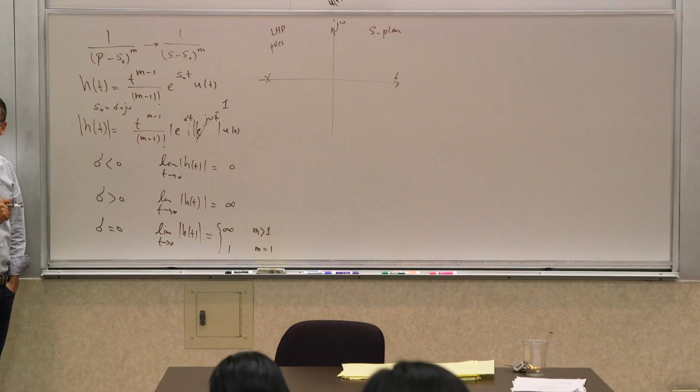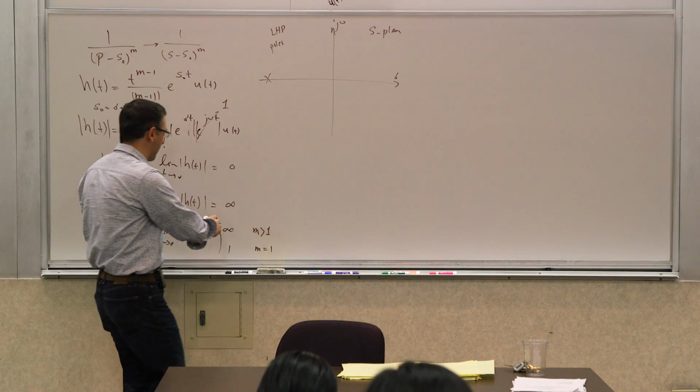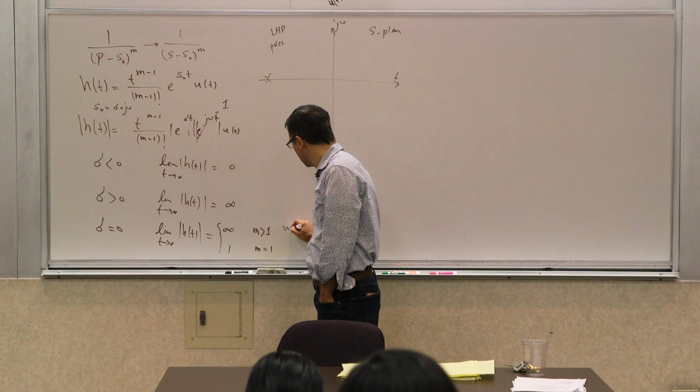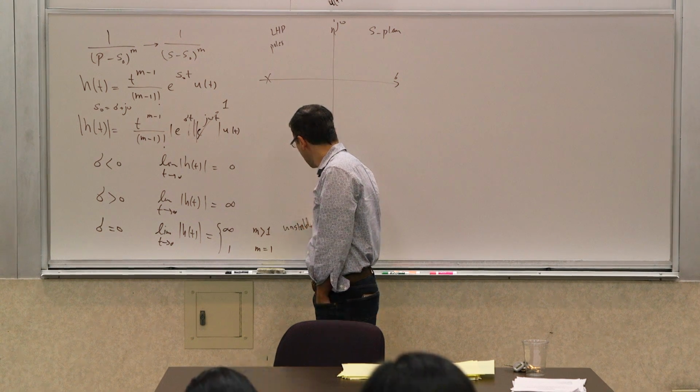Right? So for m greater than 1, is it stable or unstable? It's unstable. And for m equal 1, it's marginally stable.